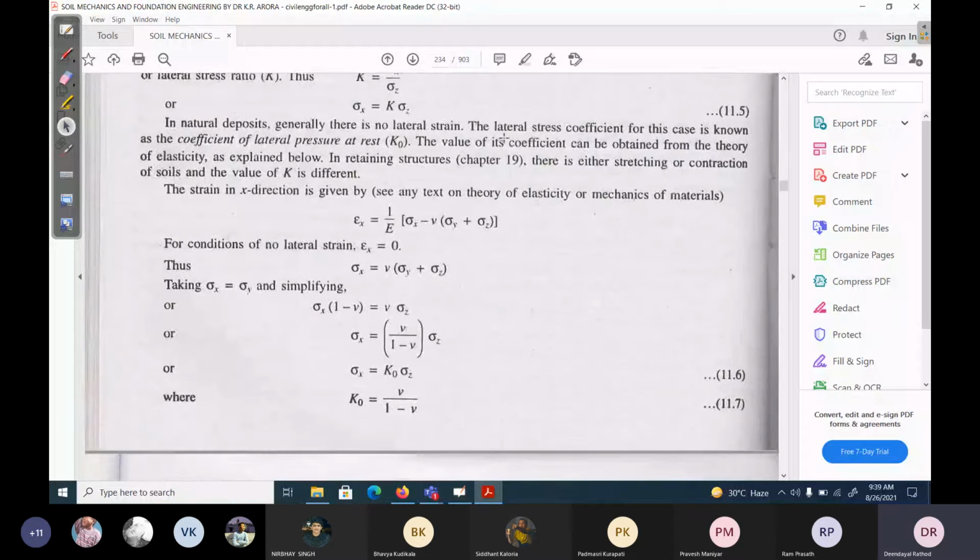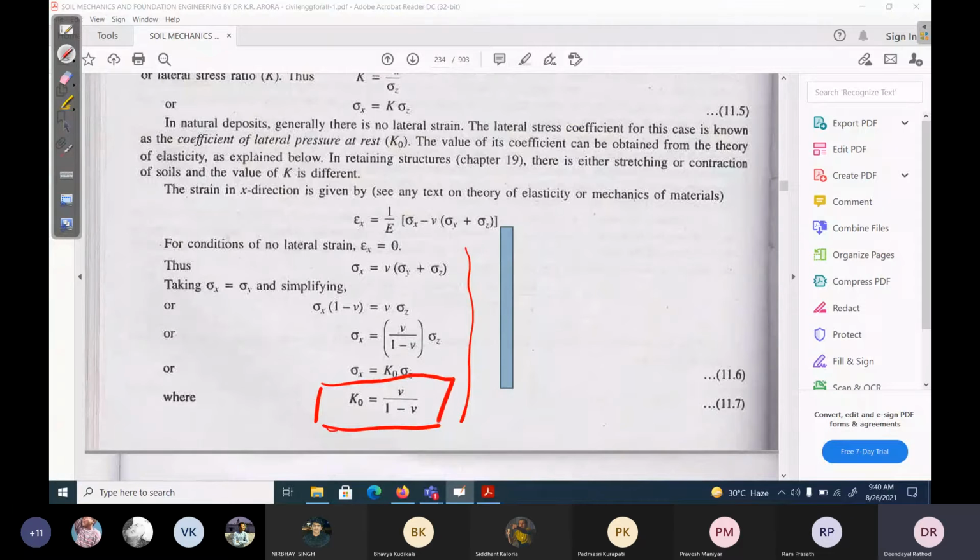This is what is given. Sometimes we represent it with Poisson's ratio also, and vertical stress is multiplied by strain.